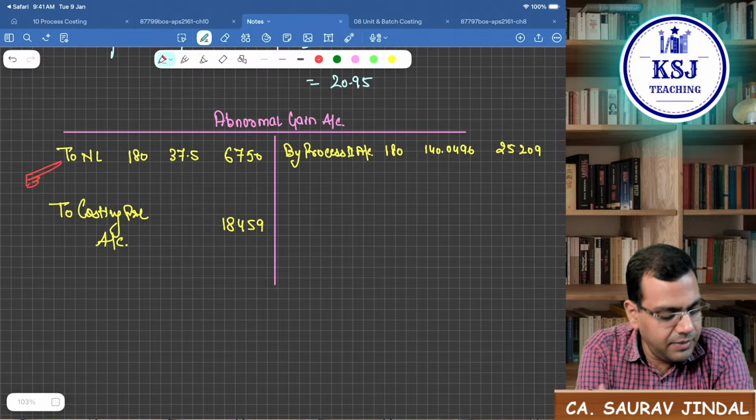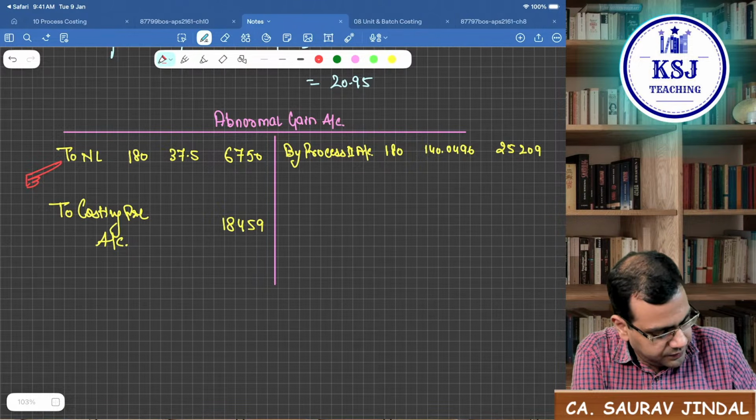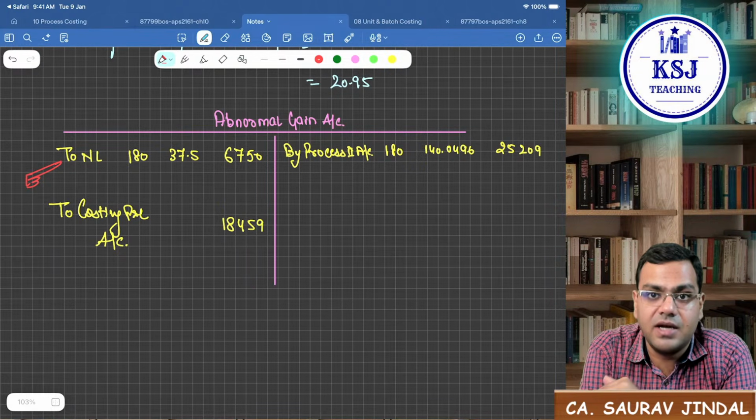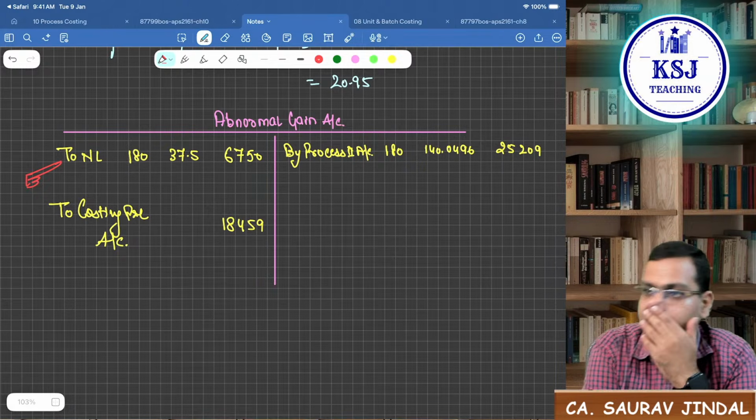Okay, let me know if it is clear, guys. Any doubts in this? So we are done with this first part, that is the preparation of process accounts.